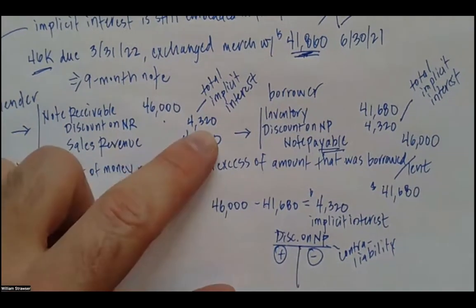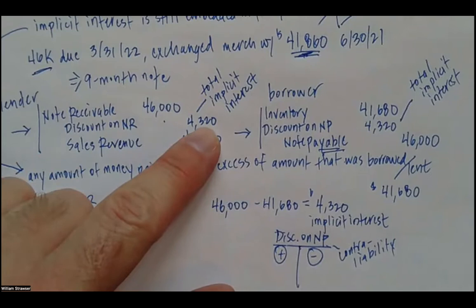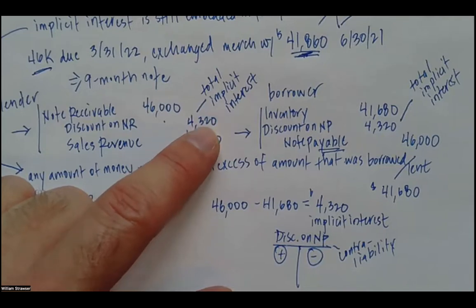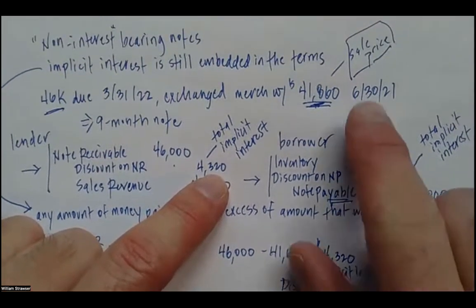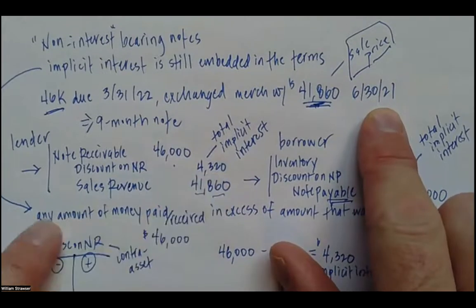Or you can reflect on the fact that if this is the total implicit interest that I'm paying on this note over the course of 9 months, then I need to figure out, all right, I took this out on June 30th, right?